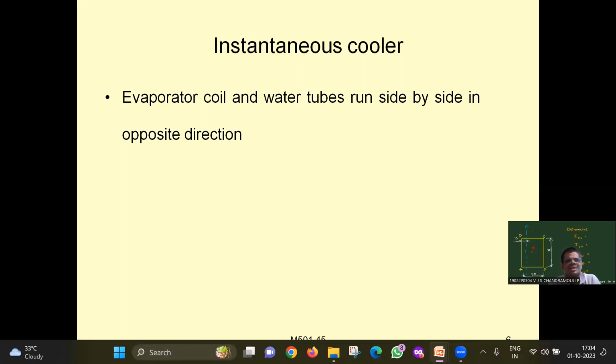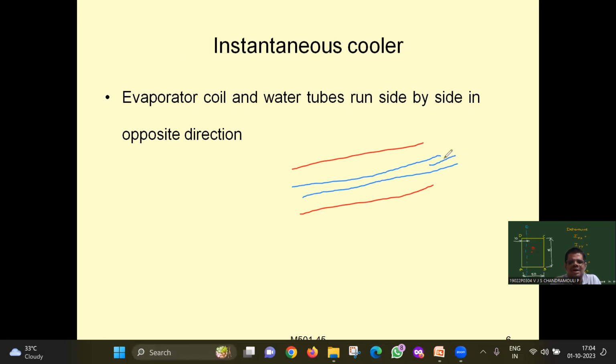And in this case, the evaporator coil and water tubes run side by side. That means, say for example, I will show you. See, for example, this is the water tube, and the evaporator coil will be like this. So one runs in another.